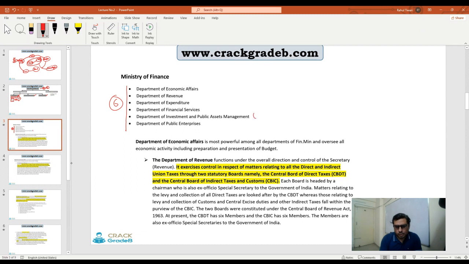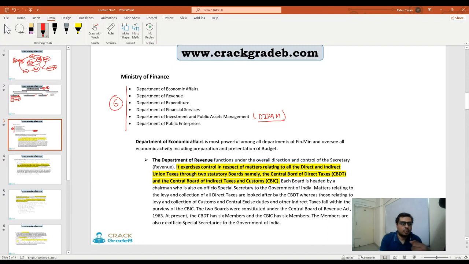Most of the time in newspapers, it is written as DIPAM, Department of Investment and Public Assets Management. DIPAM, it is mentioned there, right? So you can keep this thing in your mind. This word DIPAM, that is Department of Investments and Public Assets Management.